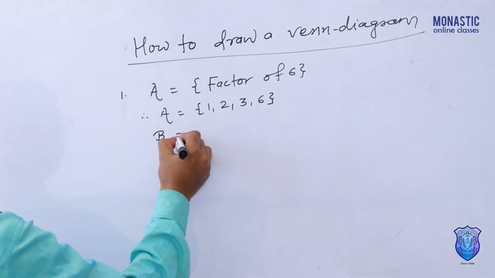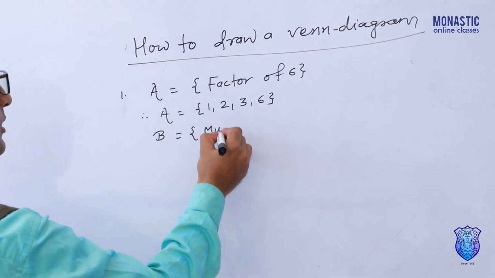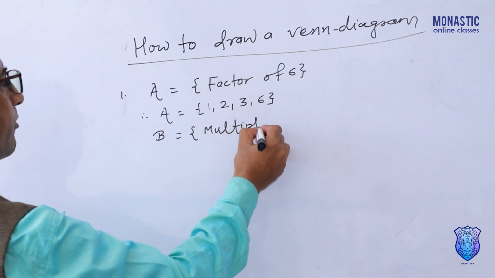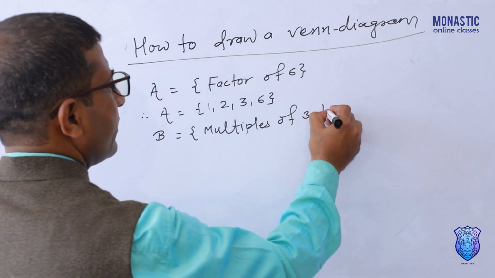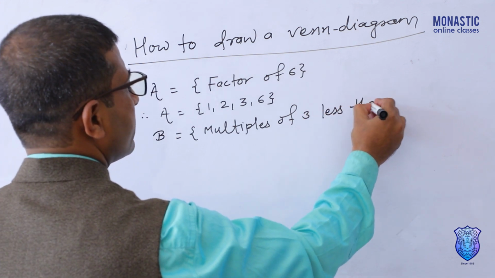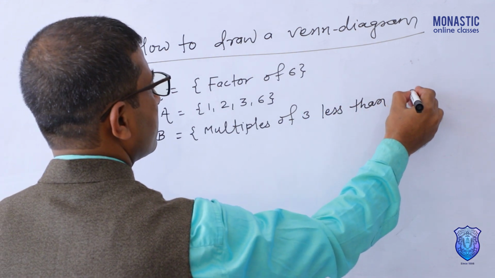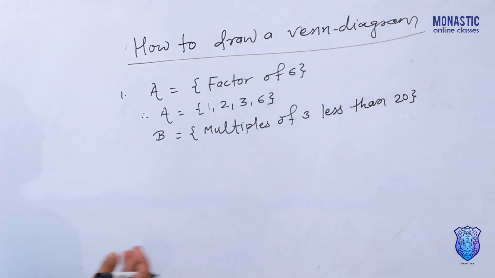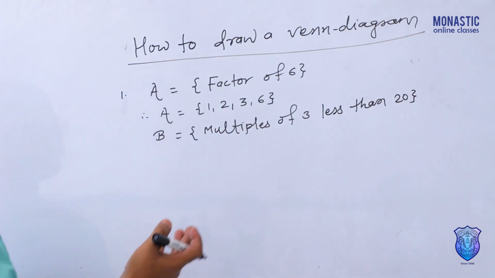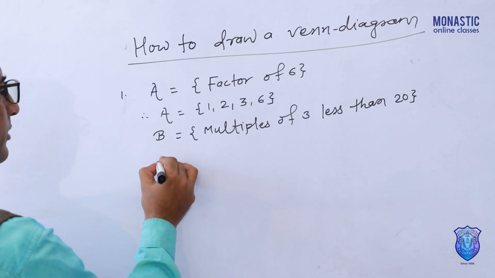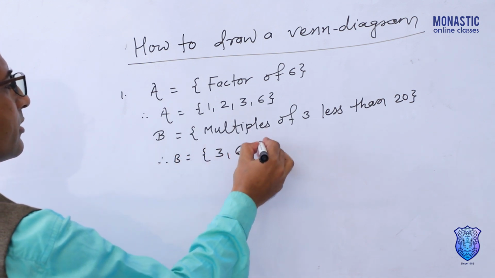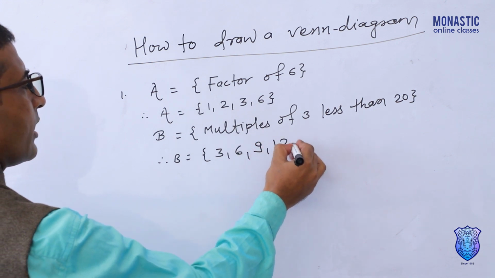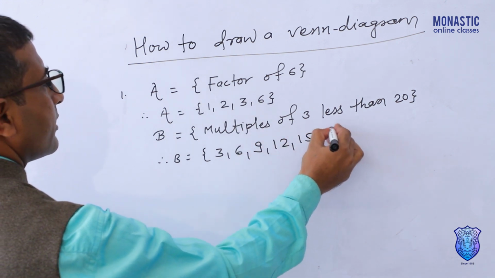If we take multiples of 3 less than 20, when we say multiple, that is the number which will be multiplied by 3. They are 3, 6, 9, 12, 15 and 18.